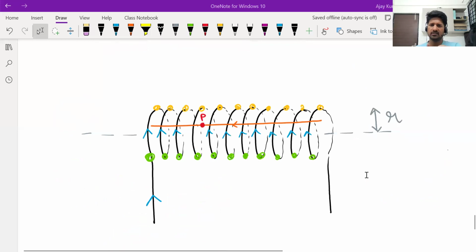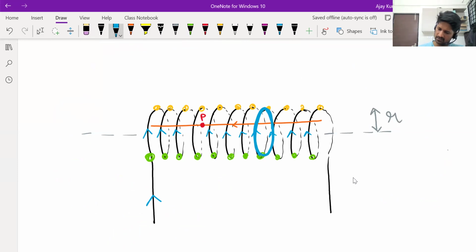Elements will be loops, obviously. Circular loops. The idea will be to write the expression for magnetic field of one circular loop. Let's say this one. Let's take a circular loop like this. You have to write the expression for magnetic field produced by it at that point P and integrate.